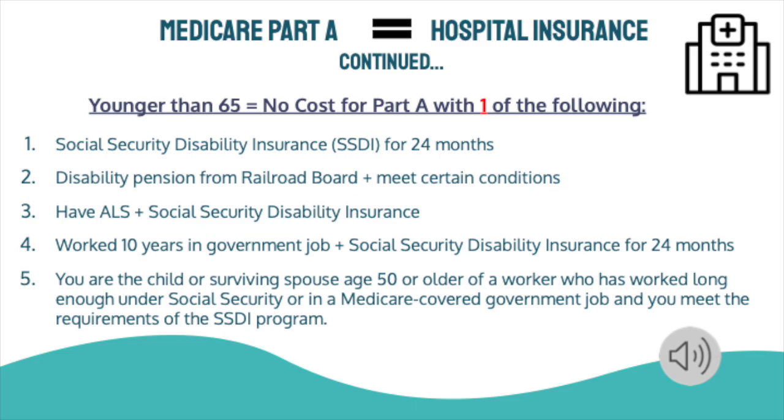If you have had Social Security disability insurance for 24 months, if you have a disability pension from the Railroad Board and meet certain conditions, if you have ALS and Social Security disability insurance, if you have worked 10 years in a government job and you have had Social Security disability insurance for 24 months, if you are the child or surviving spouse who is aged 50 or older of a worker who has worked long enough under Social Security or in a Medicare covered government job, and you meet the requirements for the Social Security disability insurance program.